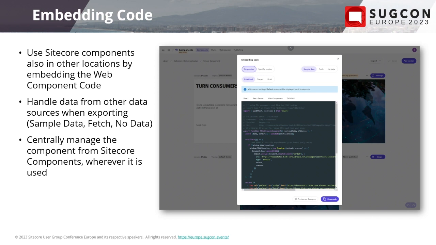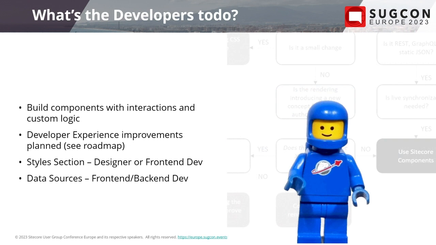You can maintain all components centrally in Sitecore Components, and wherever you use them, they update instantly because you have central maintenance. Right, so it's all pretty much what you see is what you get, marketer focused.